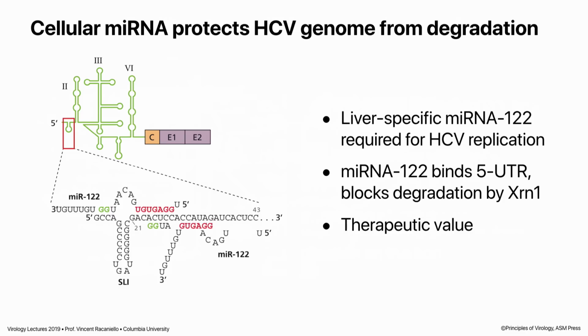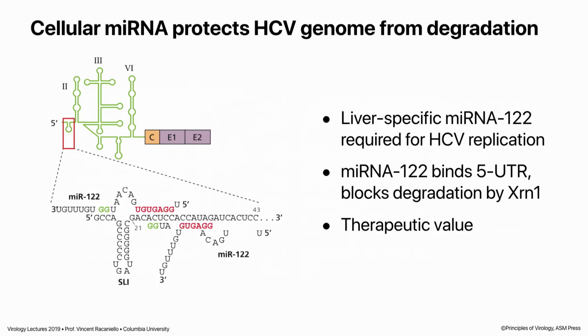And here's a schematic of the genome on the upper left here. The open reading frame is shown in orange and purple boxes. And what's at the 5' end is a highly structured RNA that's very important for replication and translation. As you can see, there are a lot of stem loops there. And let's take a look at that very 5' stem loop. It's exposed down below here.